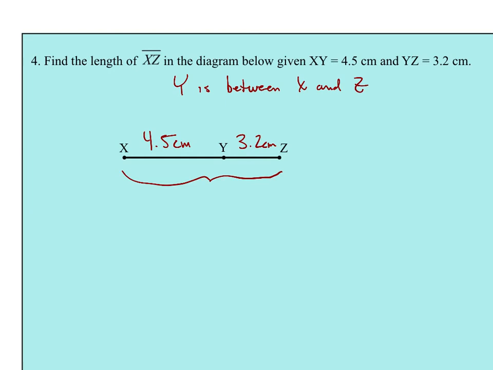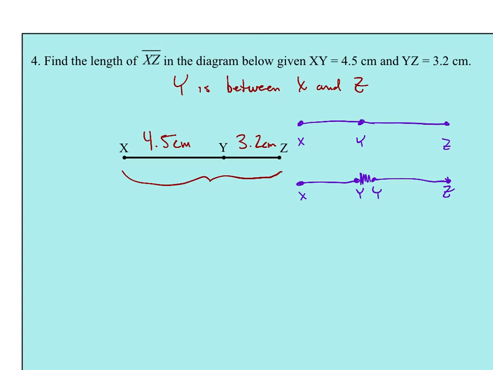Another idea is that if I say it's in between, I would say that it's continuous. What I mean is you have X, Y, and Z, and it's not X to Y, then a little space, and then Y to Z. There's no magical little space in between.